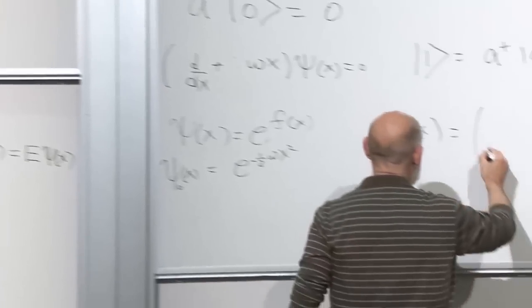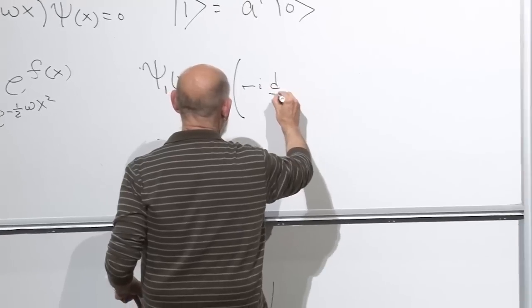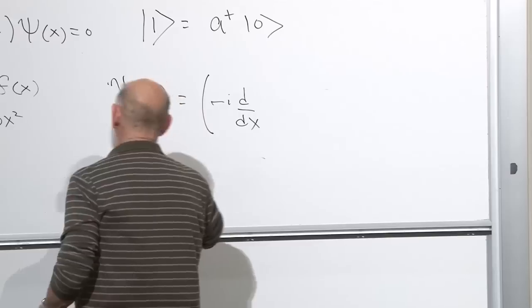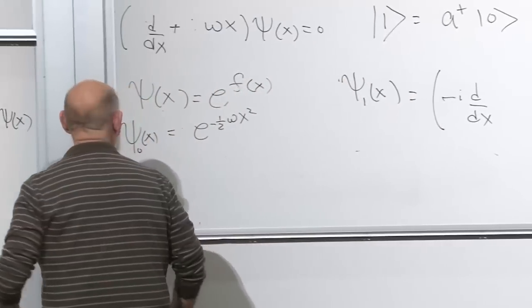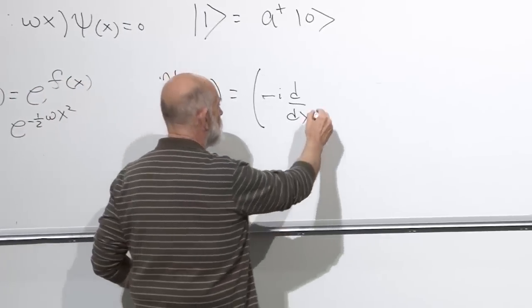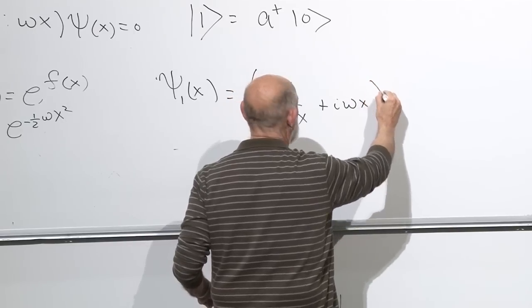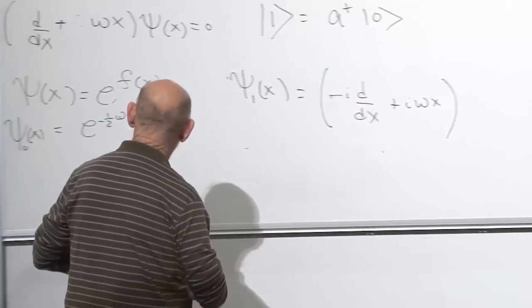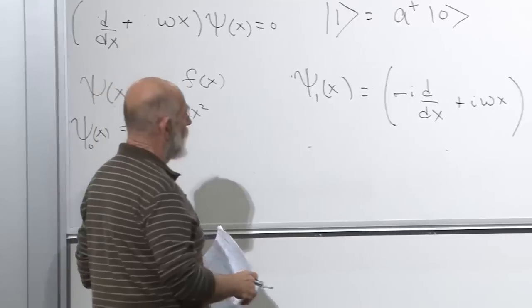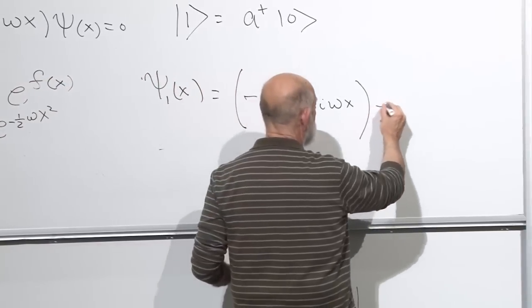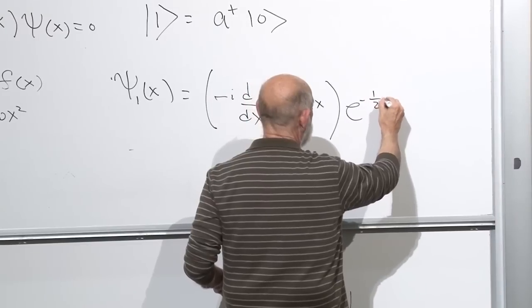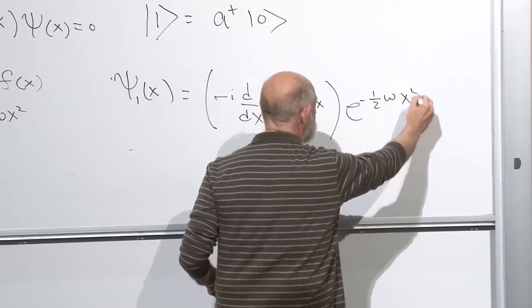Now P is minus I d by dx, plus I omega x, acting on e to the minus 1/2 omega x squared.